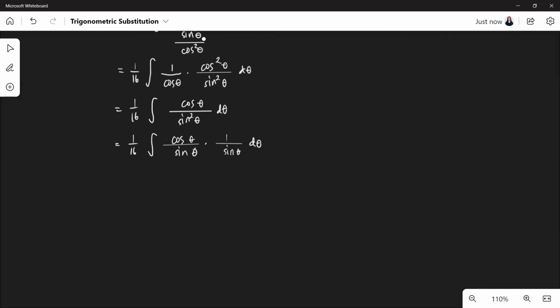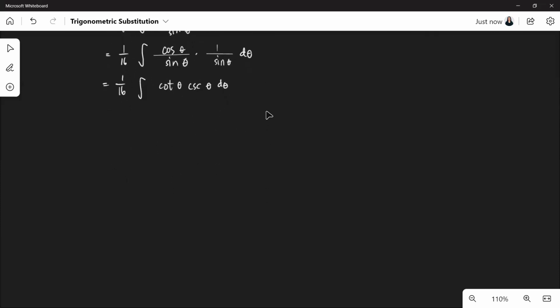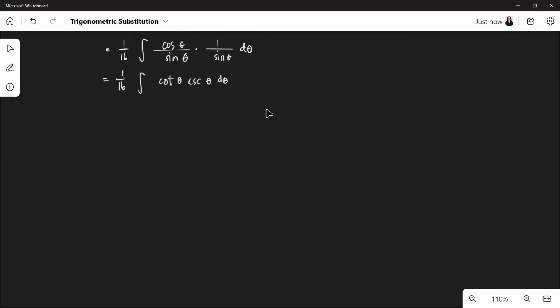So this is cotangent and cosecant. So there's a formula to integrate cotangent theta cosecant theta d theta. So the integral of cotangent cosecant is negative cosecant theta, right?